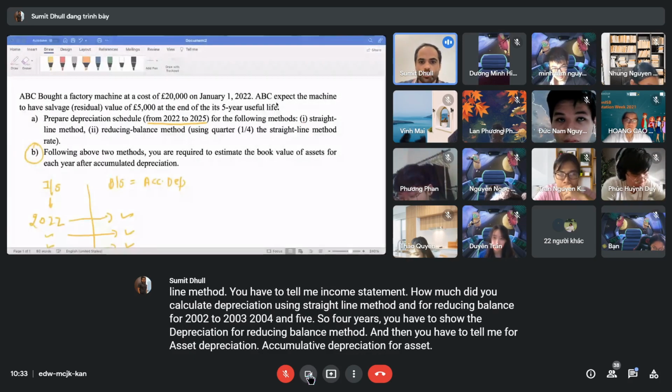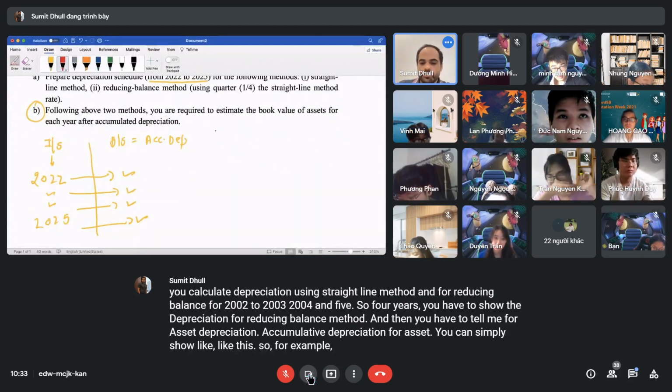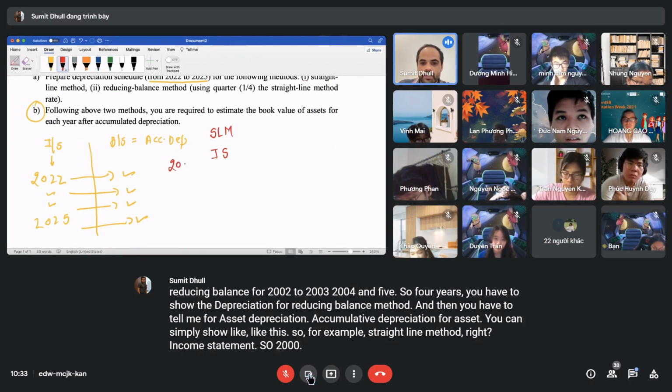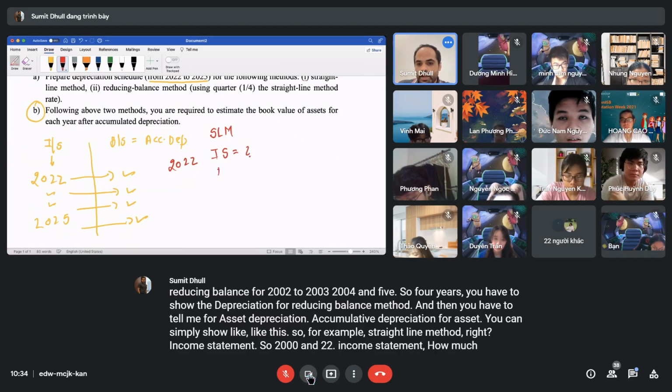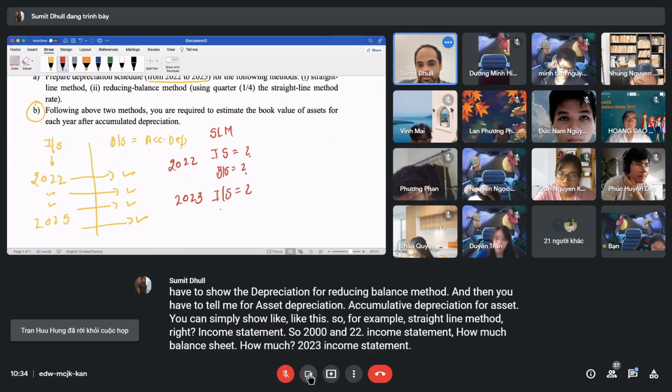You can simply show it like this. So for example, straight line method, right? 2022 income statement, how much? Balance sheet, how much? 2023 income statement, how much?